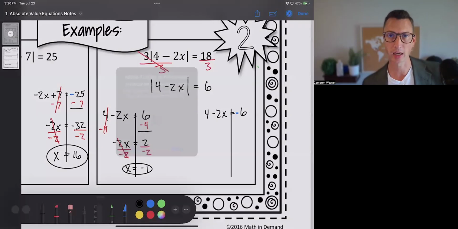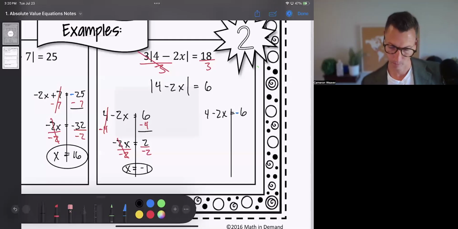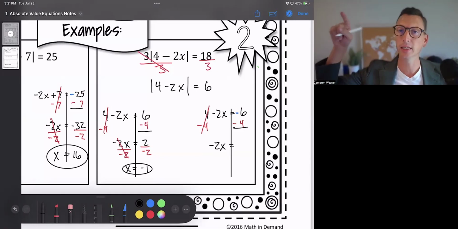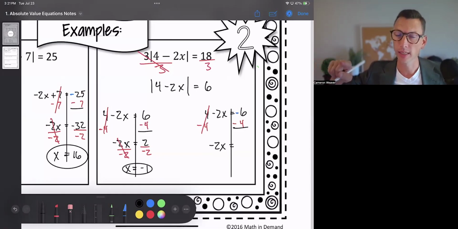We just want to solve for x. 4 is our constant, so we're going to subtract or eliminate that constant. -2x is equal to a -6 minus 4. See, this is the reason that we're getting different answers, because -6 minus 4 is not 2 or -2.